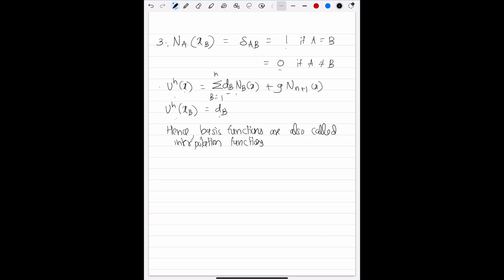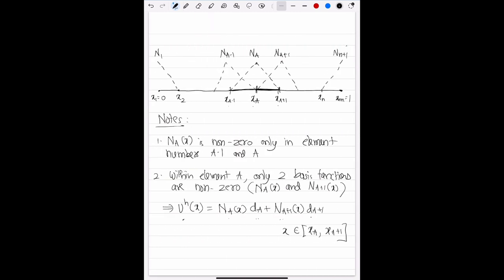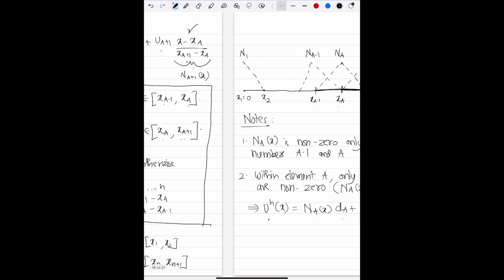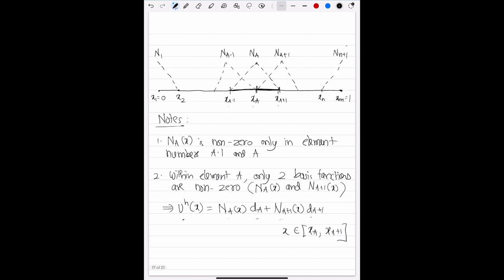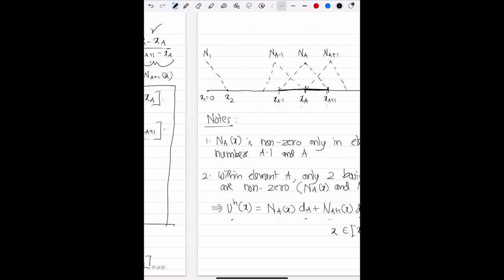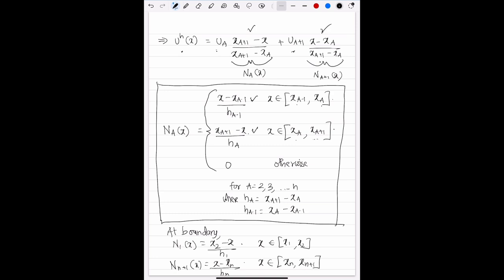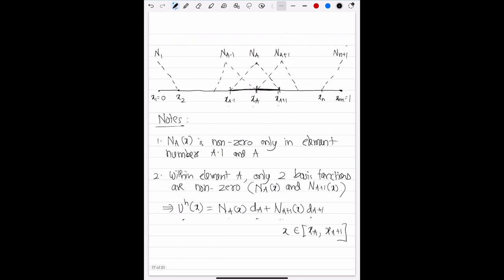Another observation that we can make is that this relation over here, UH of x equal to dA NA plus dA plus 1 NA plus 1, is exactly the same as this relation over here, which we derived initially, UH of x equal to UA NA plus UA plus 1 NA plus 1, because now we know that UA, the solution at grid point XA, is nothing but equal to dA, whereas dA plus 1 is exactly equal to UA plus 1, which is the solution at grid point XA plus 1. So that's a nice verification that we can now make.